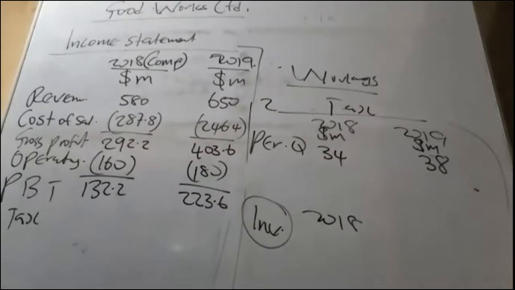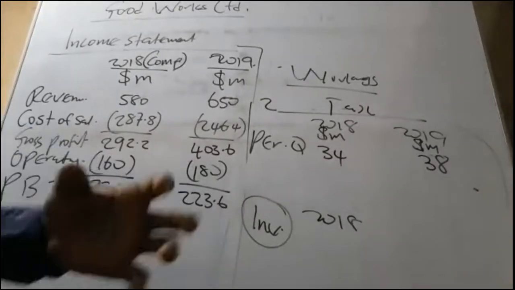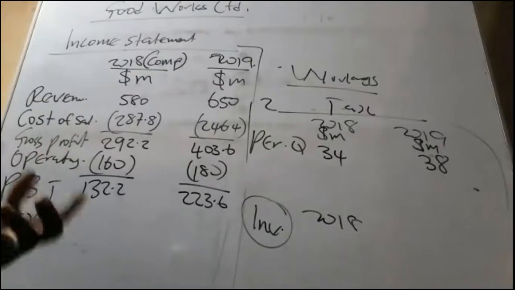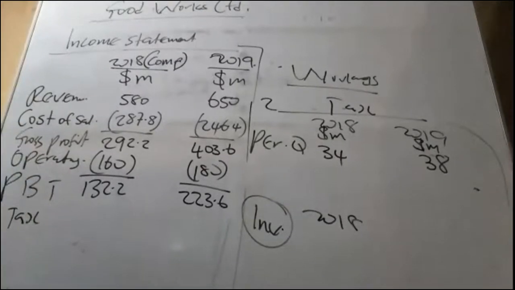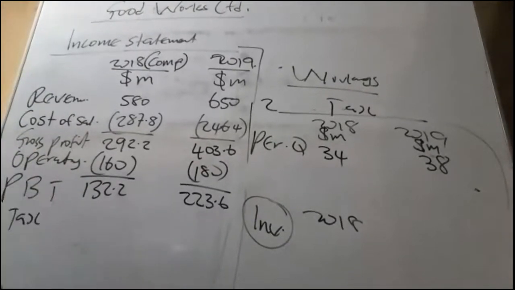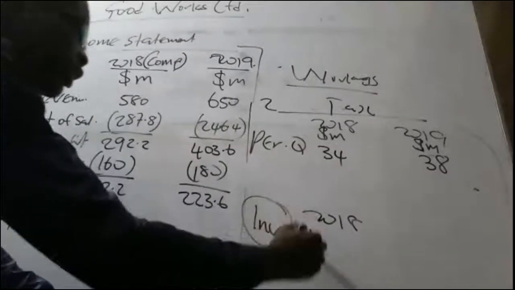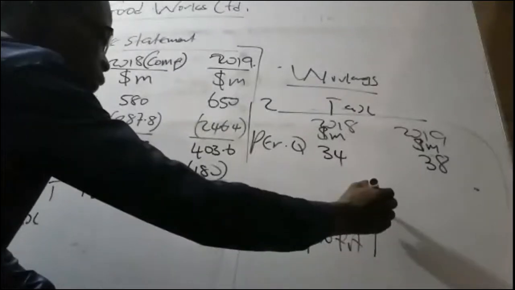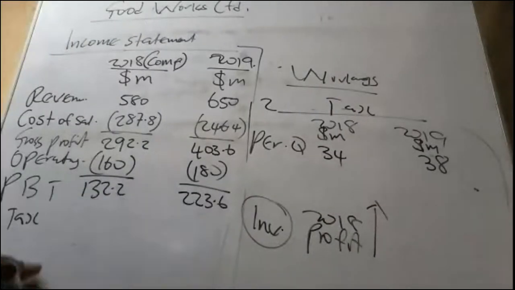So the cost of sales was understated. If you understate your cost, what happens to your profit? You blow it up. So profit will be overstated. So this profit has gone up as a result of this error.